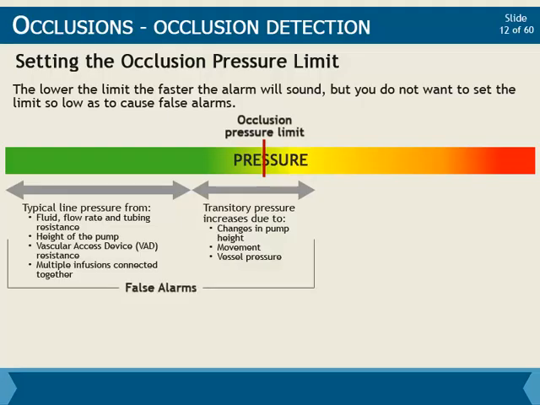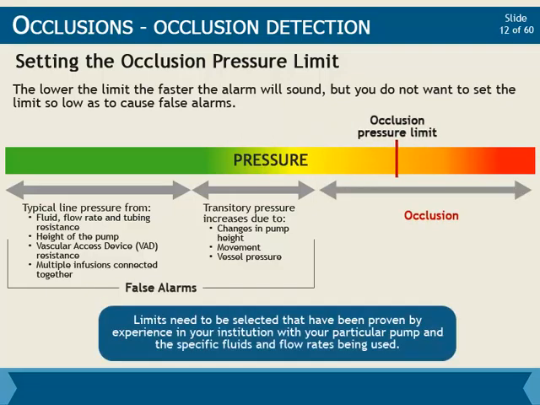You do not want the occlusion alarm to sound in these situations and stop the pump, as these increases in pressure are transitory. Limits need to be selected that have been proven by experience in your institution with your particular pump and the specific fluids and flow rates being used. This process means balancing the efficacy of early occlusion detection with the probability of false alarms.